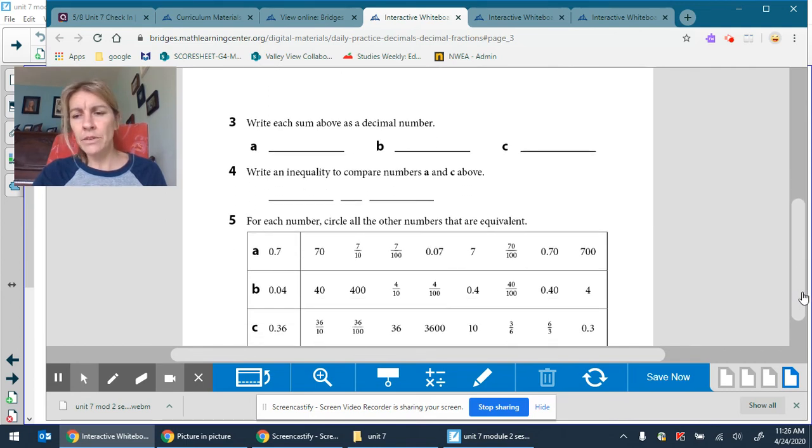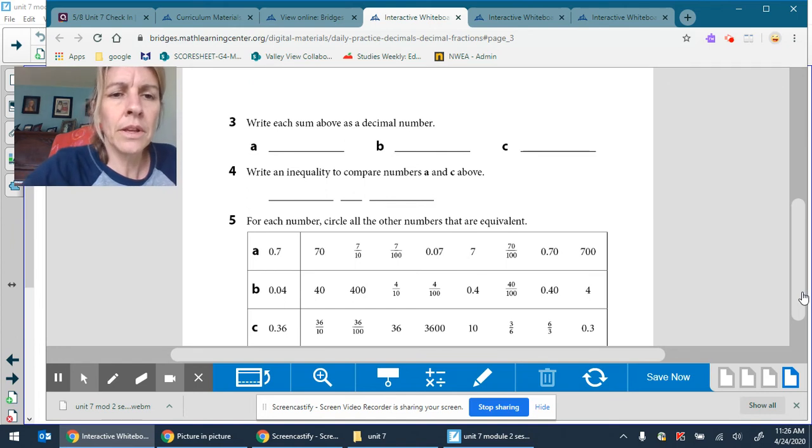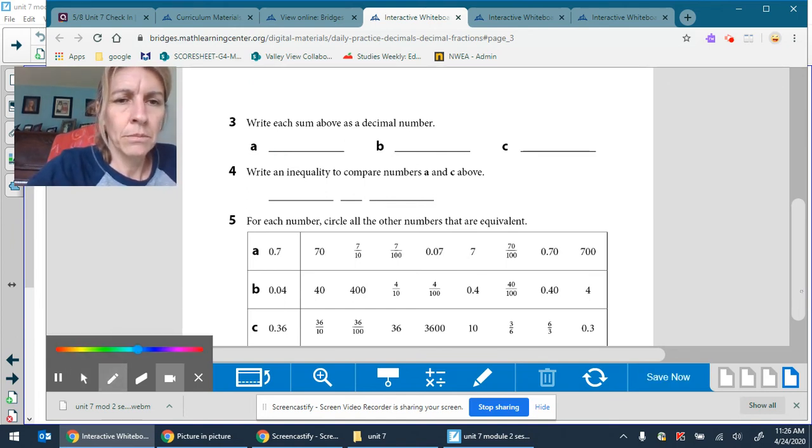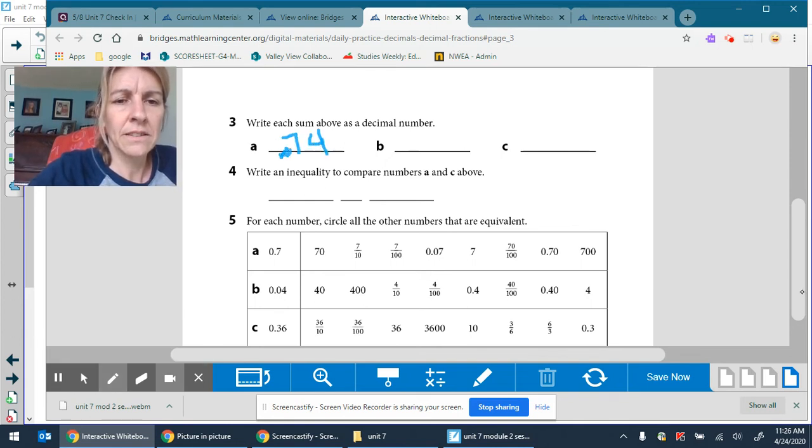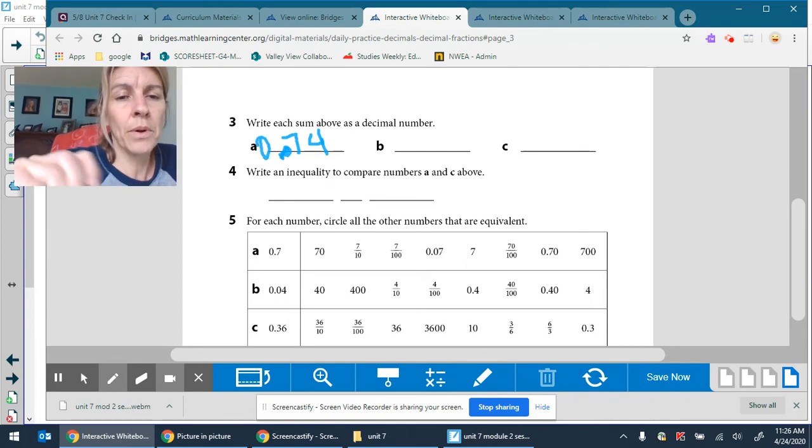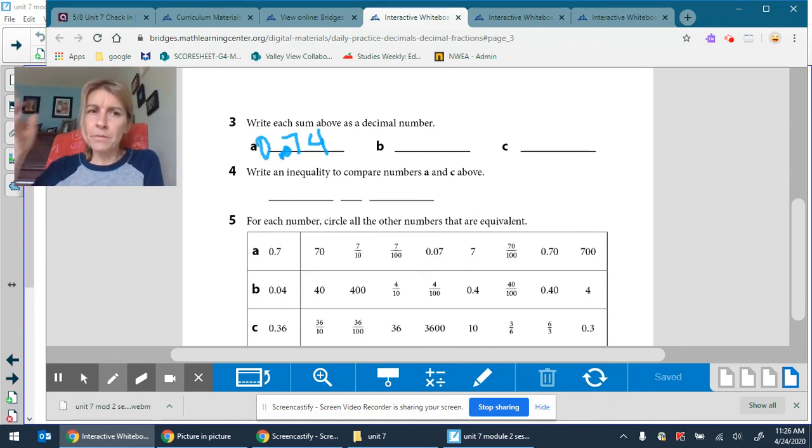So 74 hundredths, we know decimals go tenths, hundredths, so it would look like this, 0.74. That's a decimal. You can even do 0.74 because there are no holes in it. Whole meaning W-H-O-L-E, a whole number.